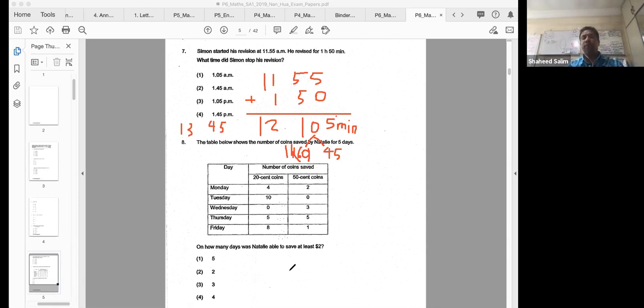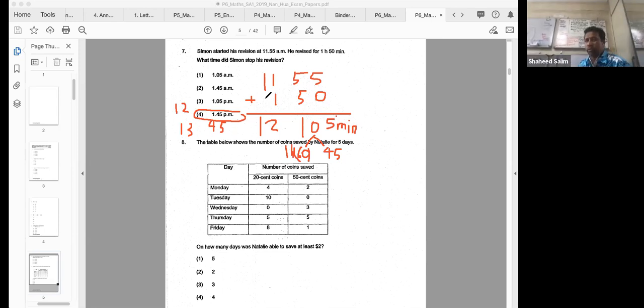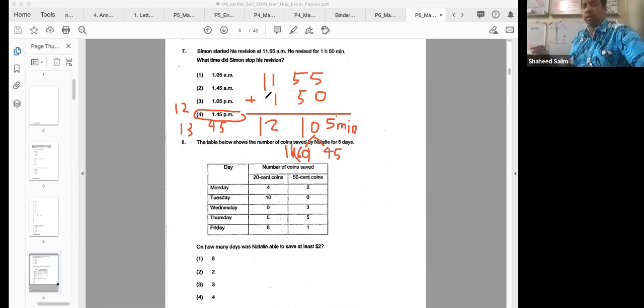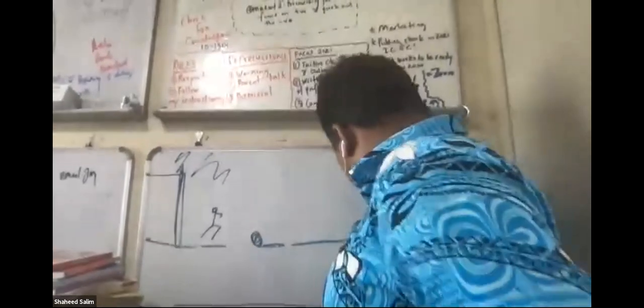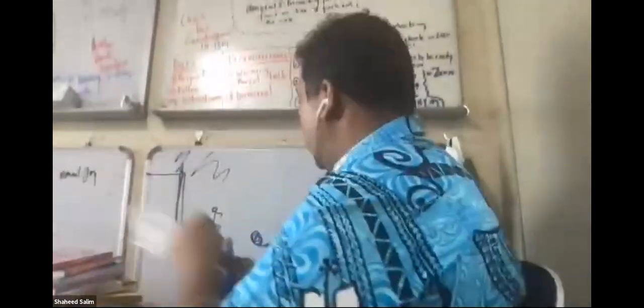So if you want to find out what 13:45 is, 12 is 12, and the next one is 1 p.m. So this is 1:45. If you're not so sure about the 24-hour clock, I'll just write it on the board again.